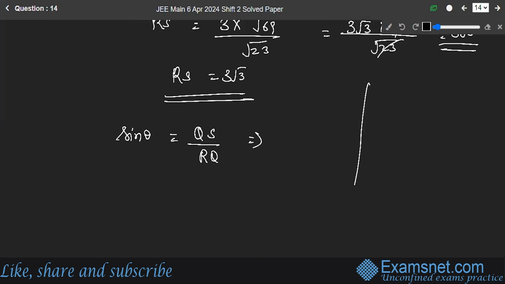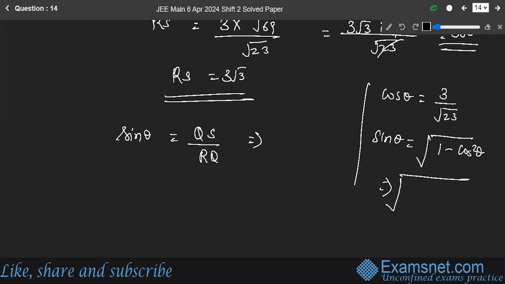I got the cos value, cos theta was equal to 3 upon root of 23. So what is sine theta equal to? This is 1 minus cos square theta, so 1 minus 9 upon 23, which is equal to 14 upon 23. So this is root of 14 upon root of 23.